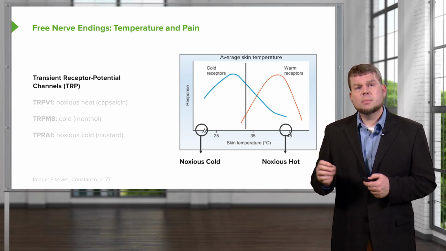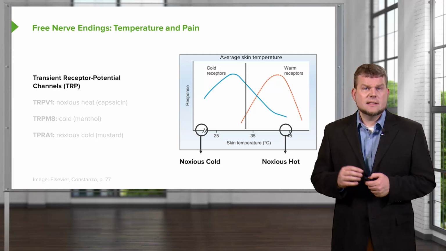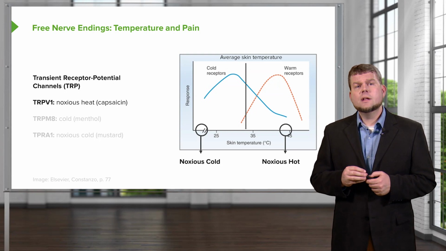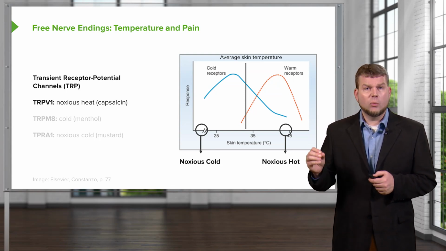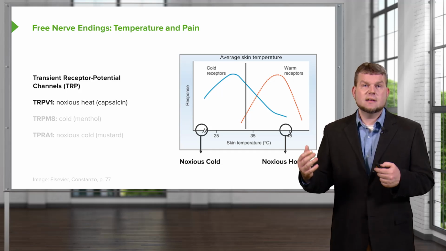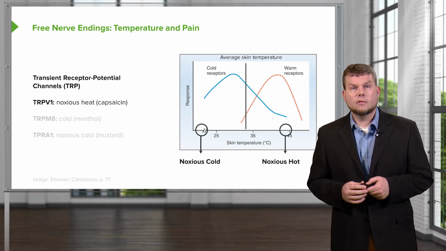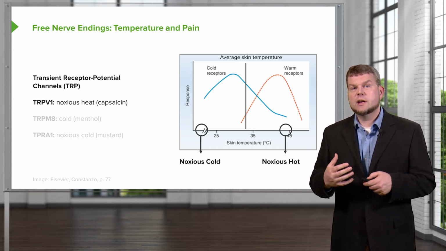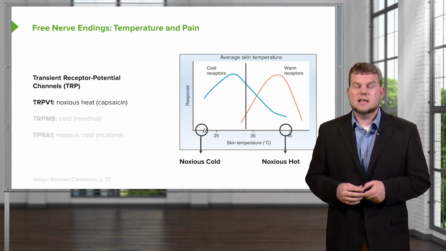The ones that respond to cold utilize TRP channels. And these TRP channels are ones for heat using TRPV1, which is also known as a capsaicin-sensitive channel, because if capsaicin is around, it will bind to it and you'll get that feeling of noxious heat.